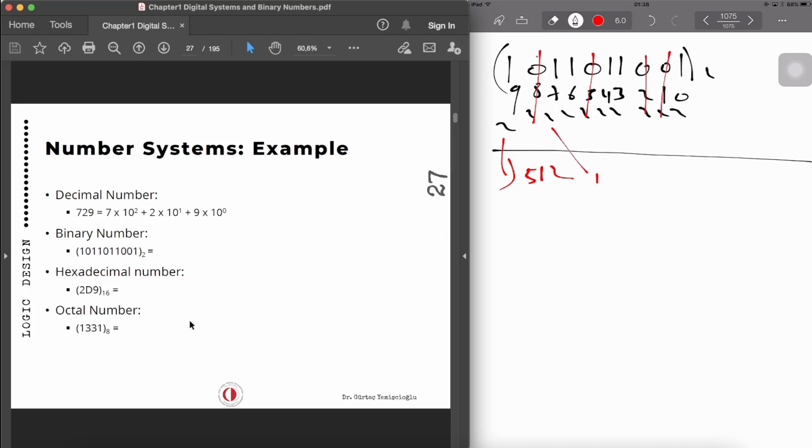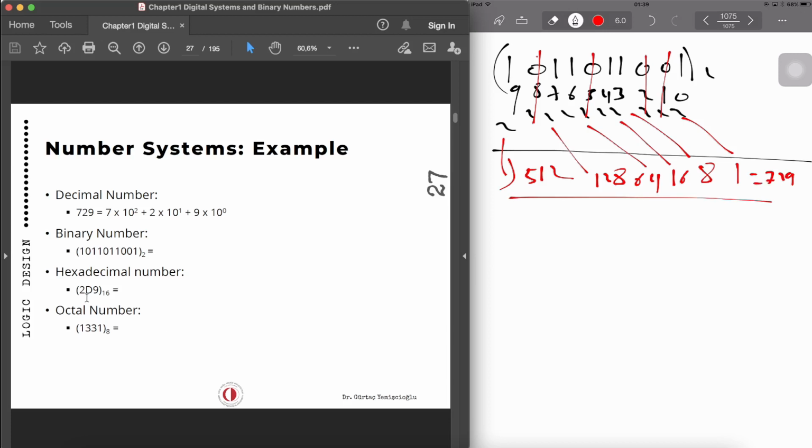And then 2 to the power 6, 128 divided by 2, it's 64. To the power 5, which is cancelled out because of 0, is 32. To the power 4 is 16, 8, and to the power 0, it's going to be 1. So if you sum this up, you will end up again with 729.